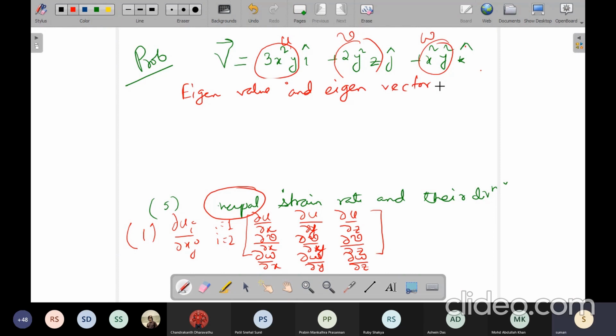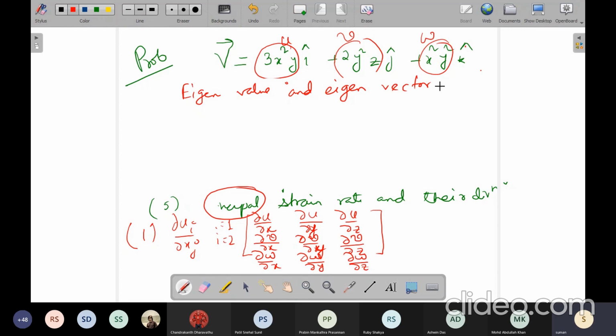Now this is the toughest aspect of learning all these subjects, that eigenvector and eigenvalue, all of you have been knowing over the years by virtue of your vector algebra education. And principal stress, principal strain, these are the things also you have heard in your earlier courses in mechanics.